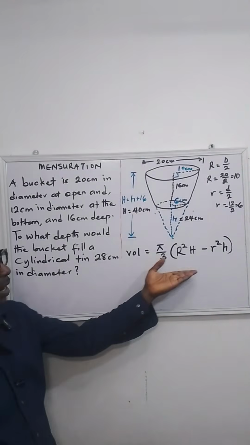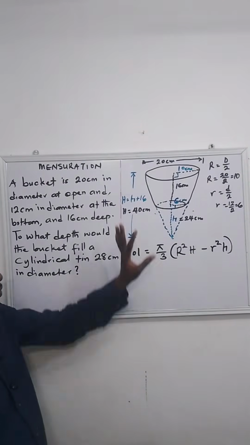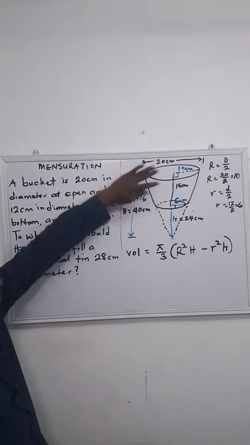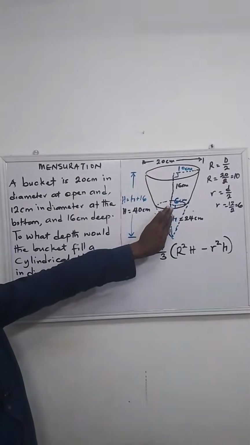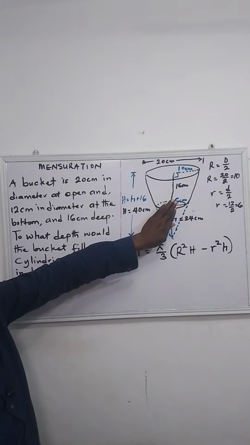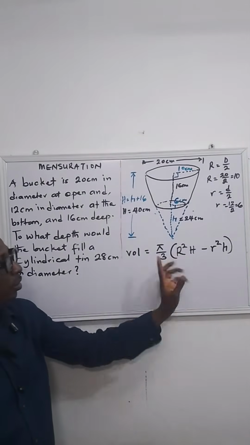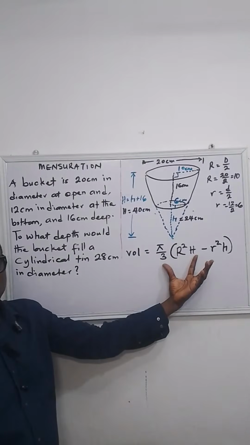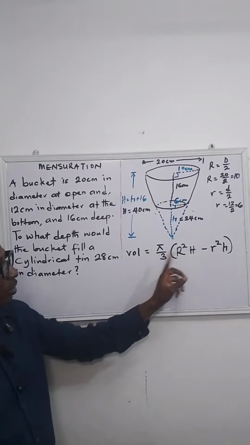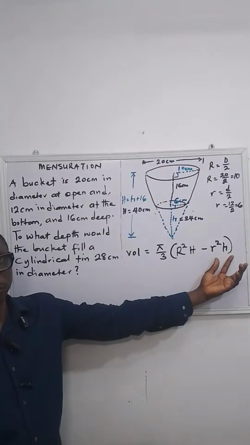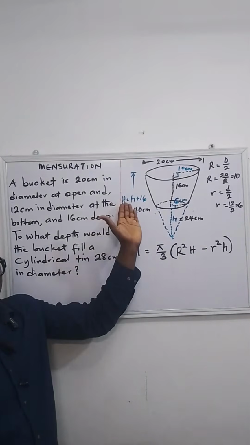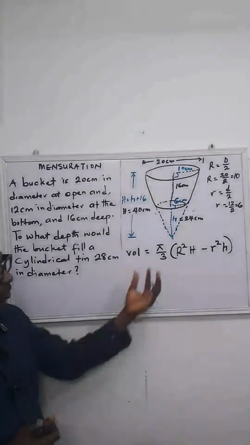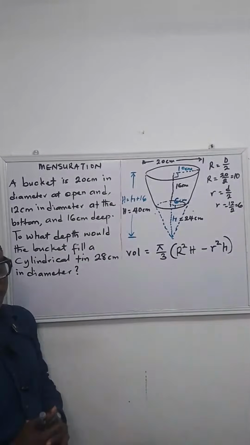Now how do we arrive here? Now if you want to get volume of a frustum, we say the volume of the whole cone, the bigger cone, minus the volume of the smaller cone. All right, so we have this. When you use this to multiply this, we have volume of the bigger cone. And when you use this to multiply this, you have volume of the smaller cone. So once you subtract, that gives you the volume of the frustum. So we just factor out pi over 3.